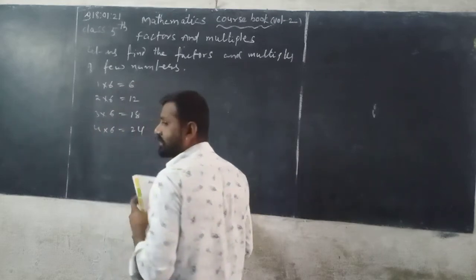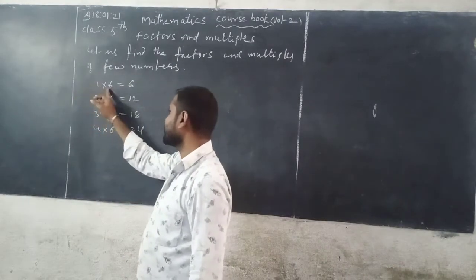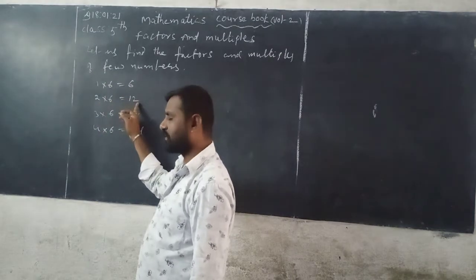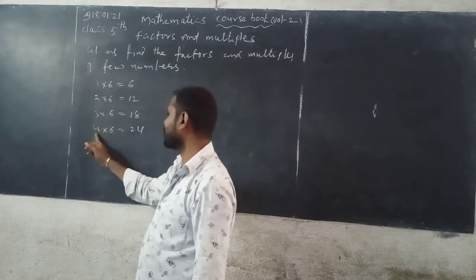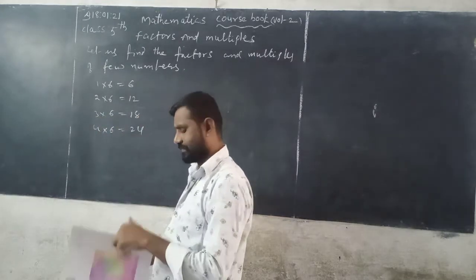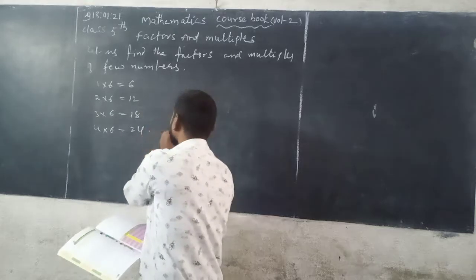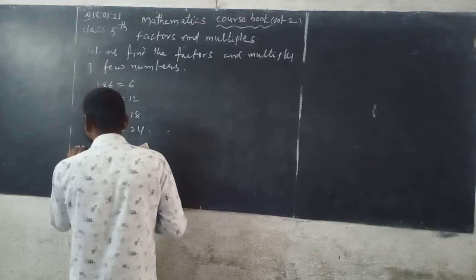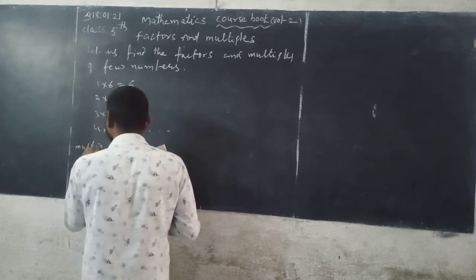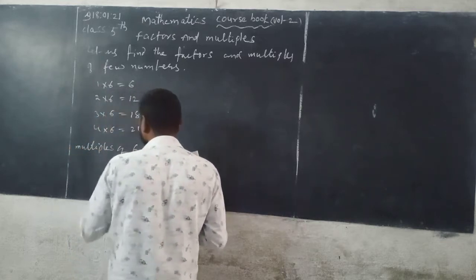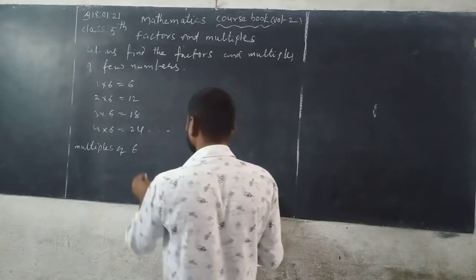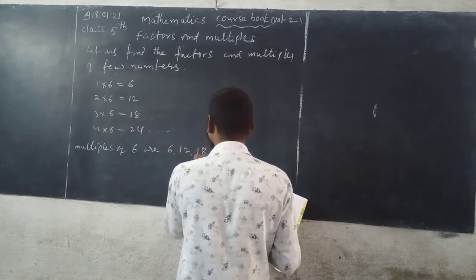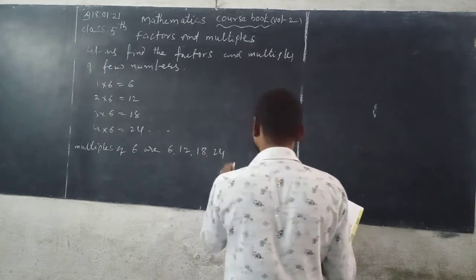Look at the blackboard, everybody. And so on. Here, multiples of 6: 6 1s are 6, 6 2s are 12, 6 3s are 18, 6 4s are 24, etc.